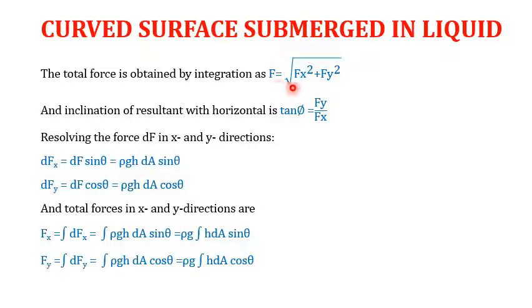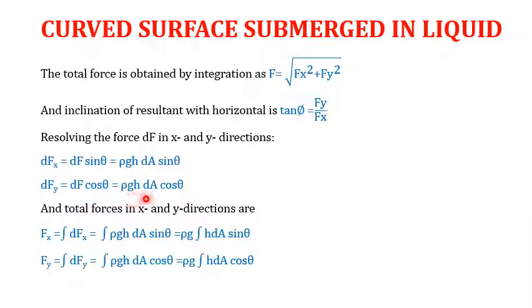So F is basically the square root of Fx square plus Fy square, and the inclination of the resultant with horizontal can be given by tan phi, which is Fy over Fx. So let's find dFx and dFy, and later find the expressions for Fx and Fy by integrating them. So dFx is dF sine theta as seen earlier, and dF is given by rho g h dA.